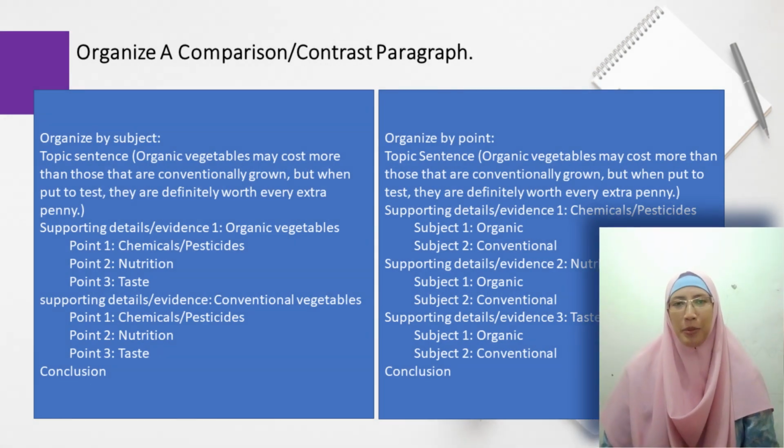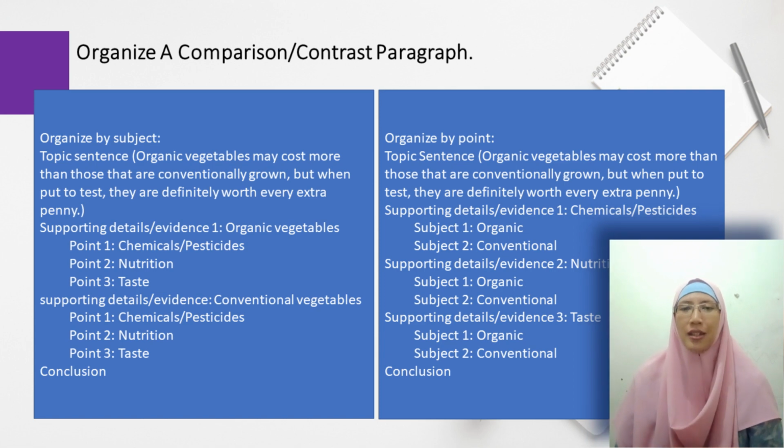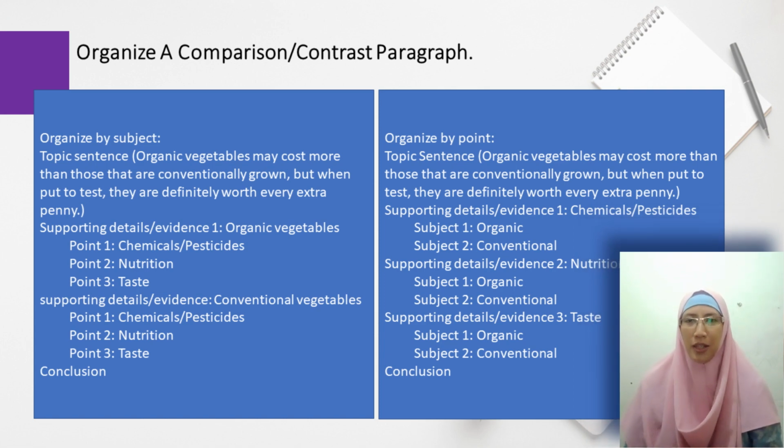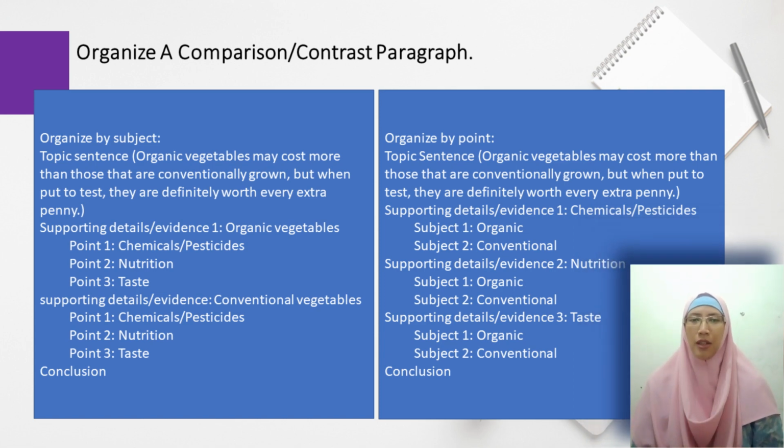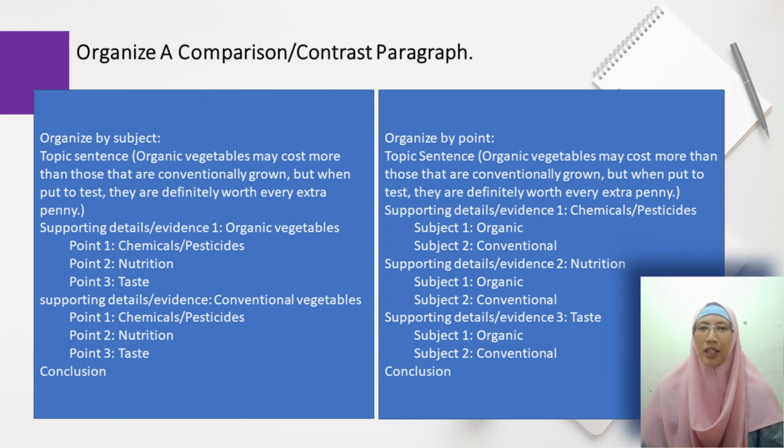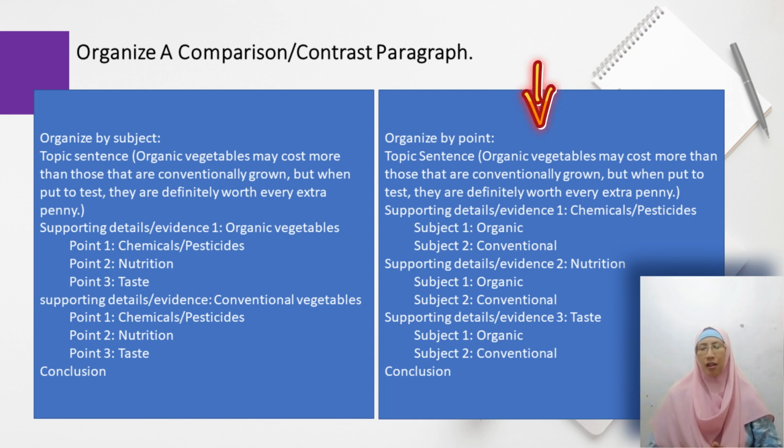This part will be discussing organize a comparison or contrast paragraph. There are two types. The first one, organized by subject. And the next one is organized by point, which consists of topic sentence and supporting details, also conclusion.